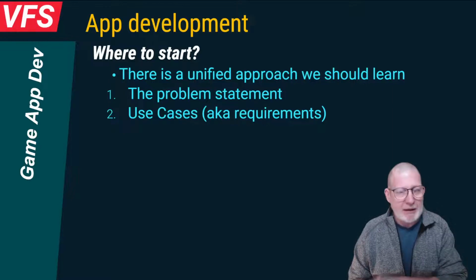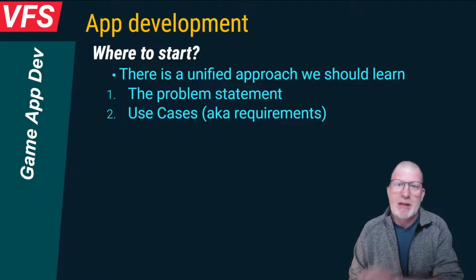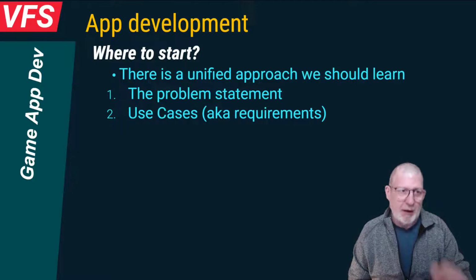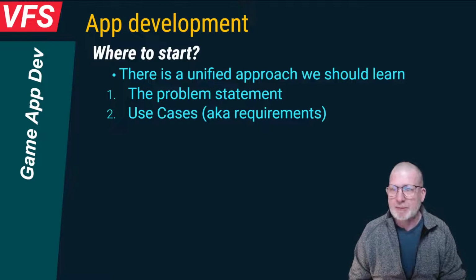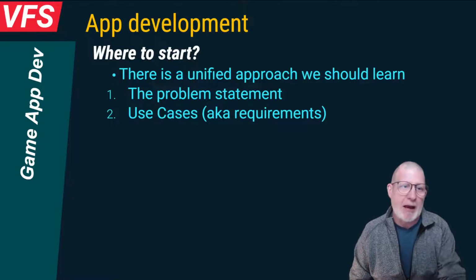Normally, we're going to try and relate them to real-world things, or pseudo-real-world things. Characters, enemies, environment, that kind of stuff. And our use cases are going to be all about what are the things these entities or actors can do.